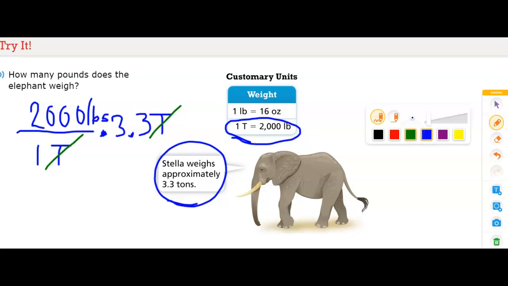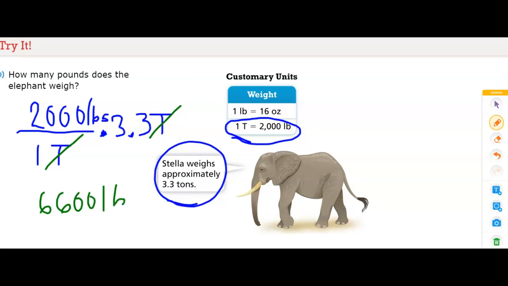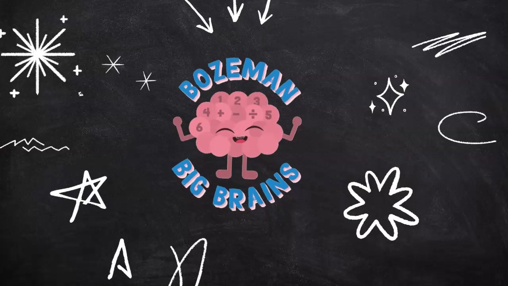And so now I just multiply the 2,000 times the 3 3/10, and we get 6,600 pounds. So Stella would weigh approximately 6,600 pounds.